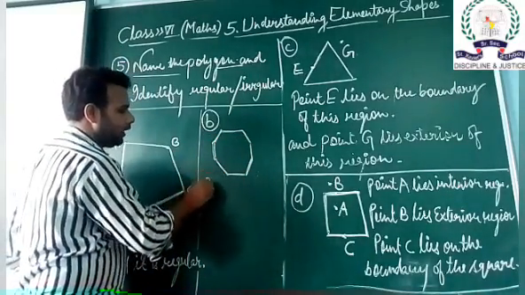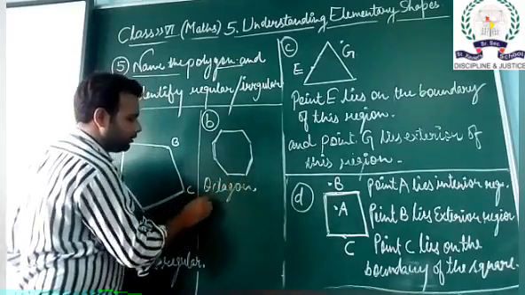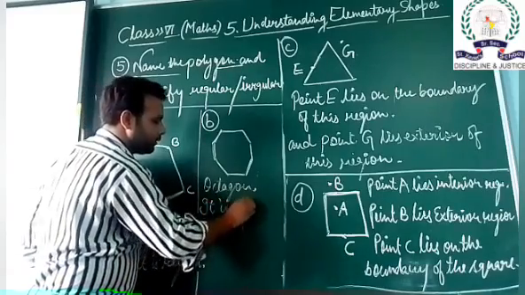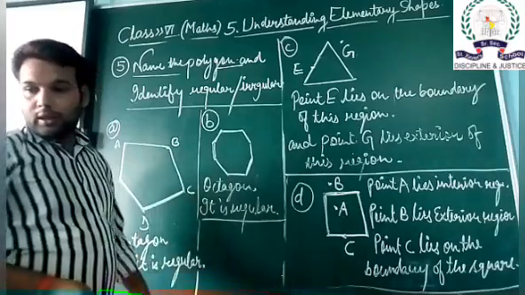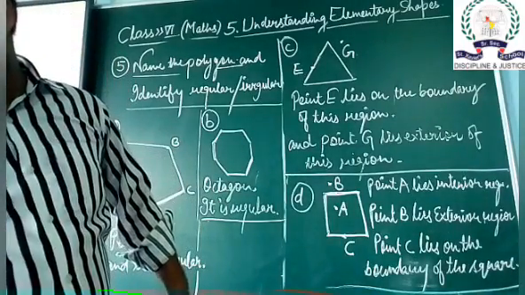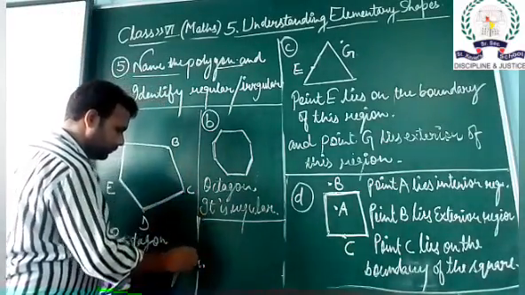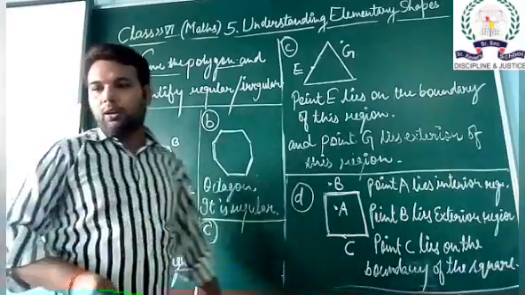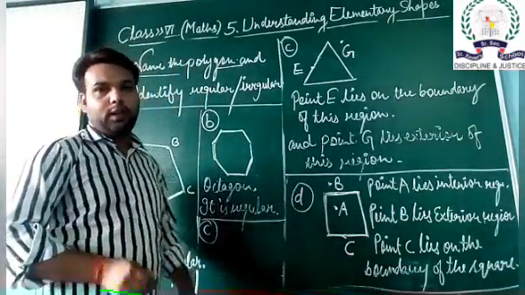Octagon, the name is octagon, and it is regular. And the last one is given. 1, 2, 3, 4, 5, 6, 7. The name of the last figure is heptagon, and it is also regular in shape.